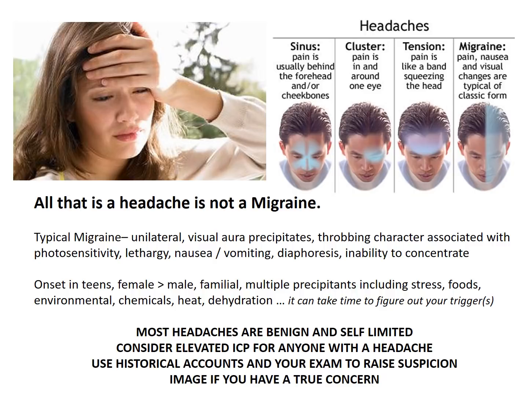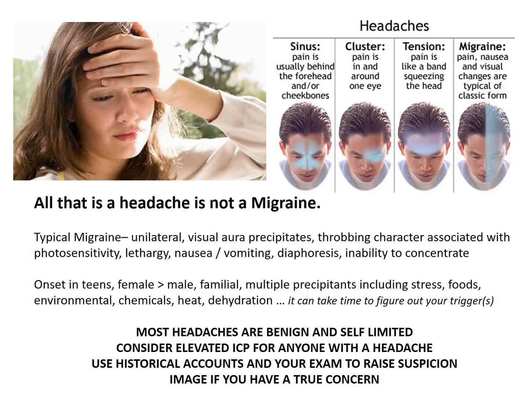If you look at individuals with headaches, most headaches are benign and self-limited, such as the tension headache or a sinus inflammatory headache. You need to consider elevated intracranial pressure for anyone with a headache, so ask the right questions and characterize the headache. Is it getting worse? Is it associated with morning vomiting?